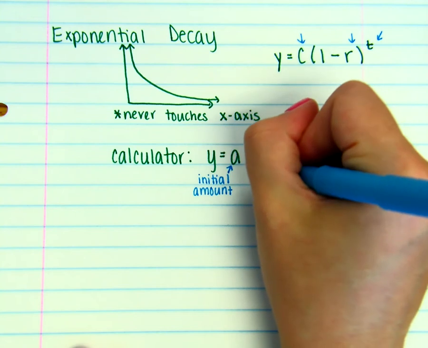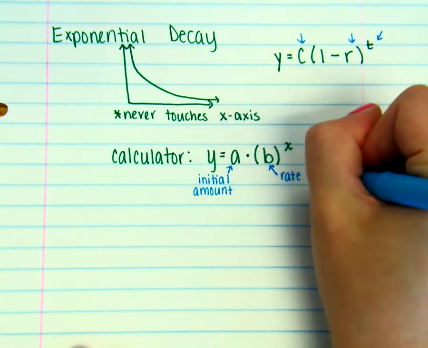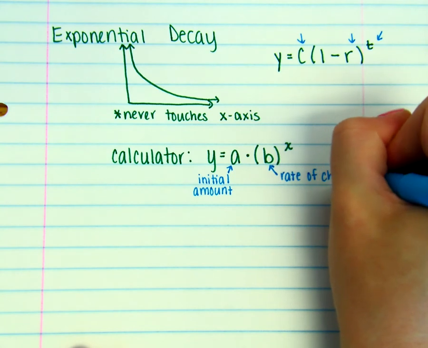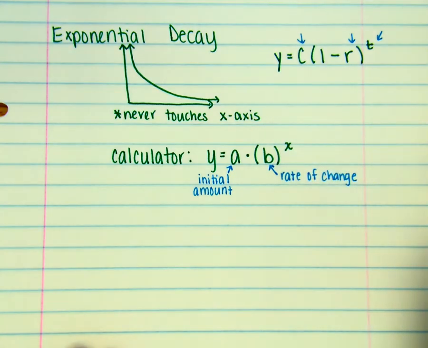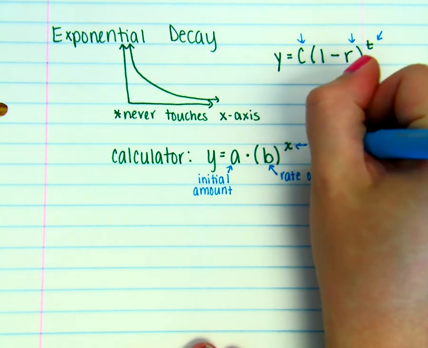The b value is going to be our rate of change. Okay, and then x is still going to be time.